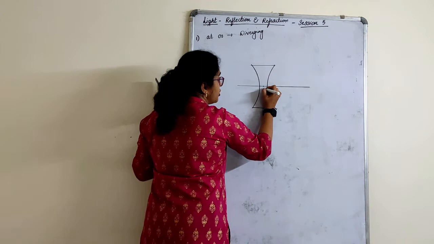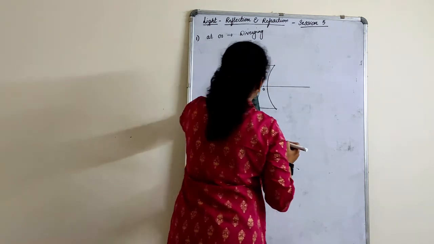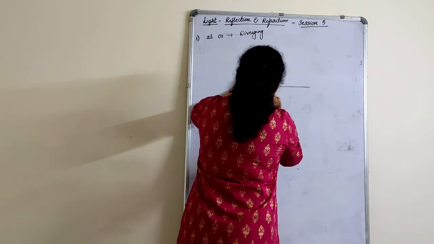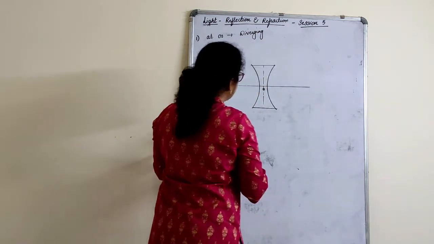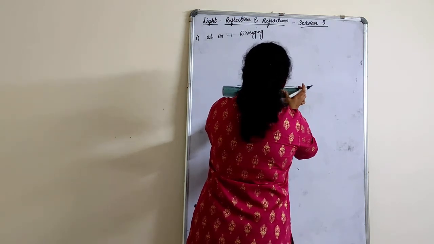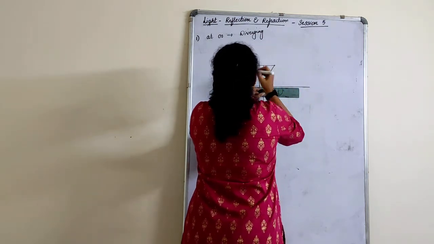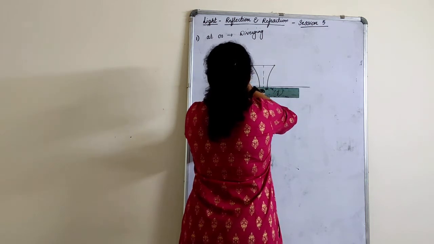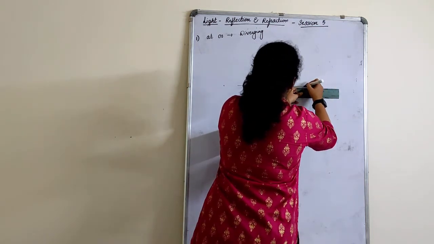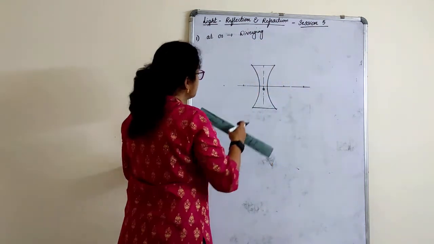Make very sure that the optic center you have drawn is right at the center. Very, very important. Then let us mark the focus point now. So focus 1 and focus 2, as well as here focus 1 and focus 2.